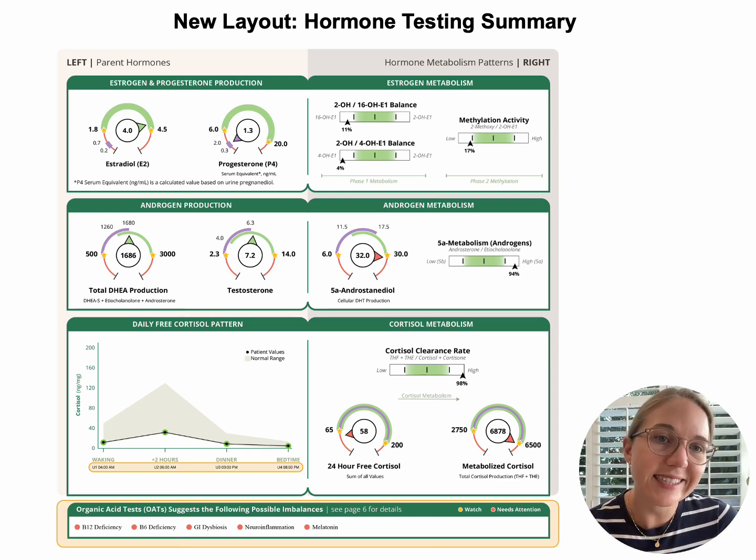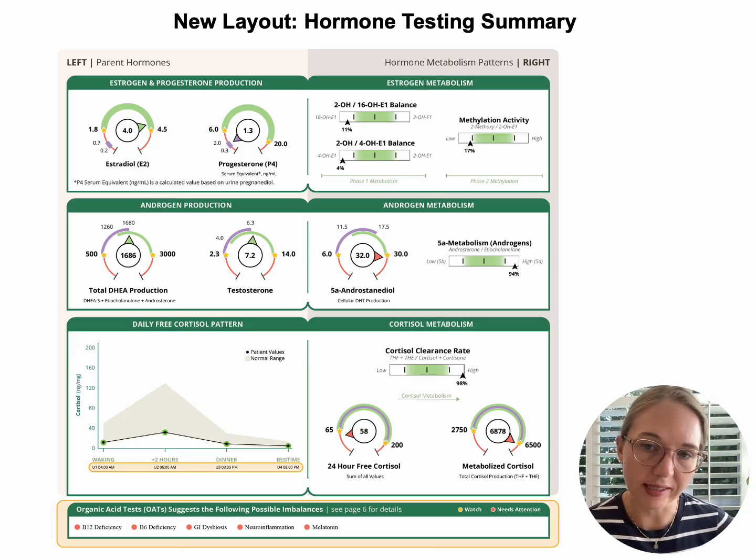Okay, then this is the hormone testing summary page. The left-hand side of this section includes the estrogen and progesterone production, whereas on the right-hand side, we're looking at hormone metabolism patterns.